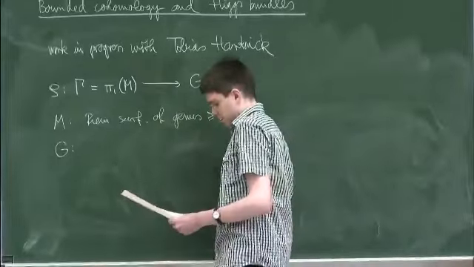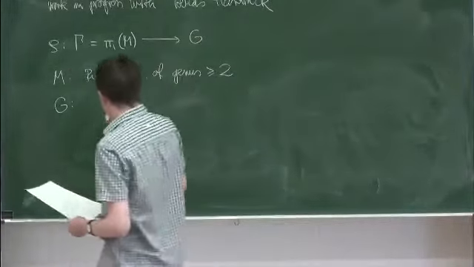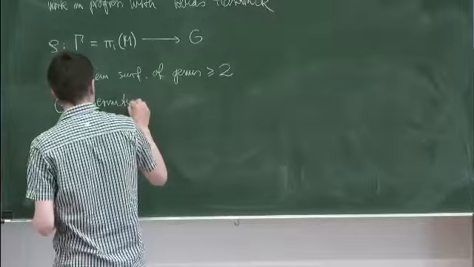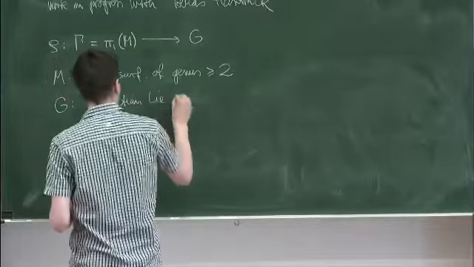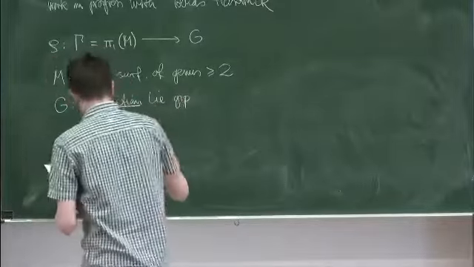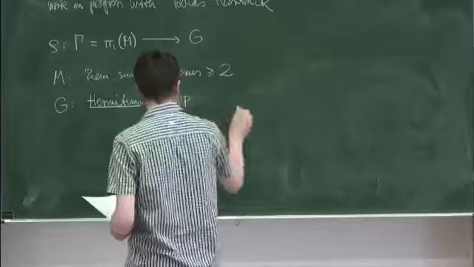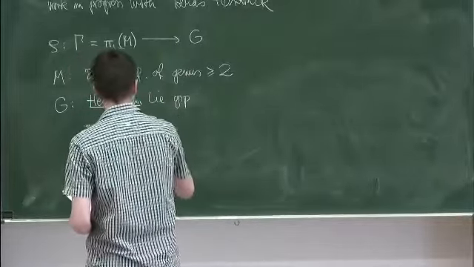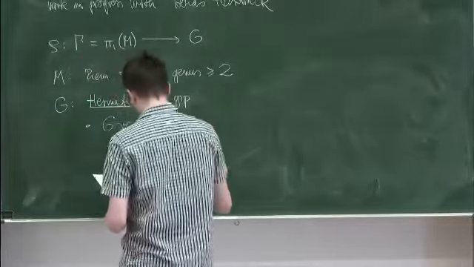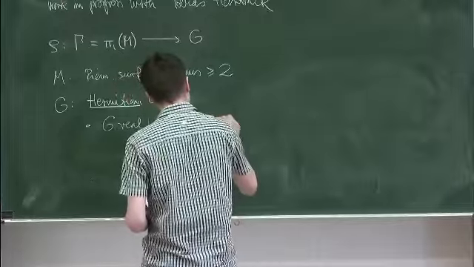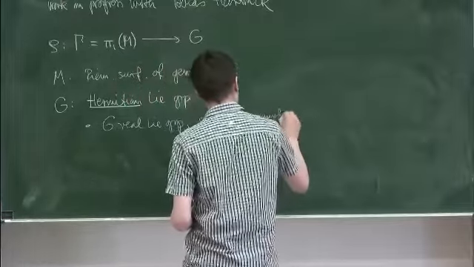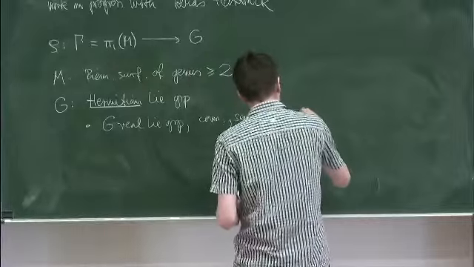So G is a Hermitian Lie group, which means the following. So first, G is a real Lie group. It's connected, semi-simple, and without compact factors.